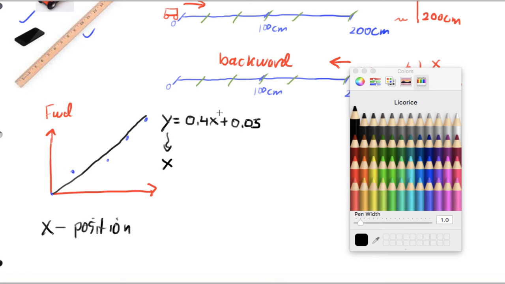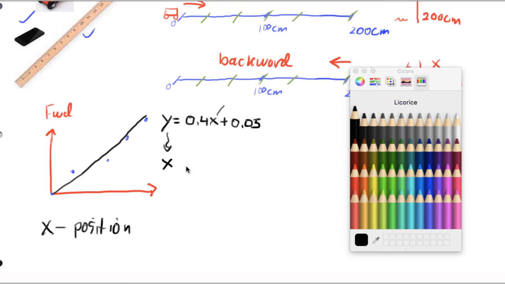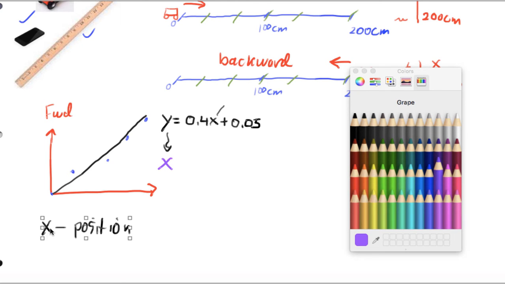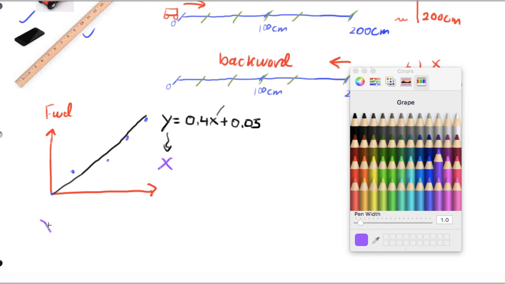The letter that we're calling x here, and I'm going to use a different color, purple, is actually the time that elapsed.